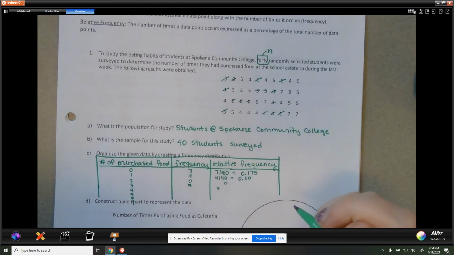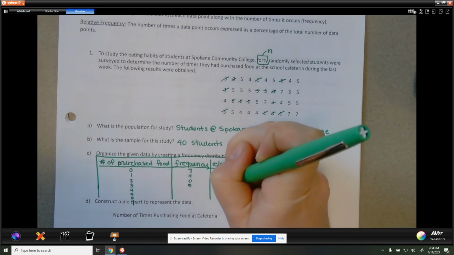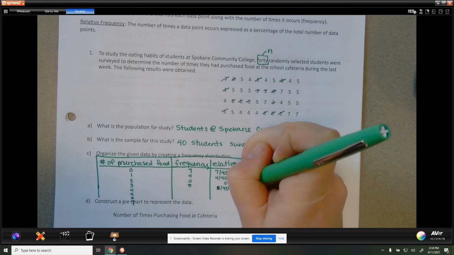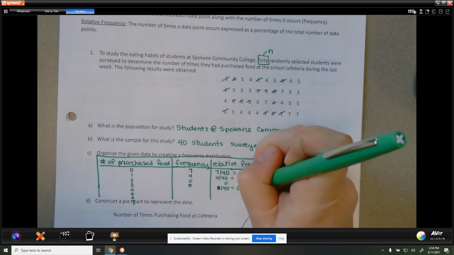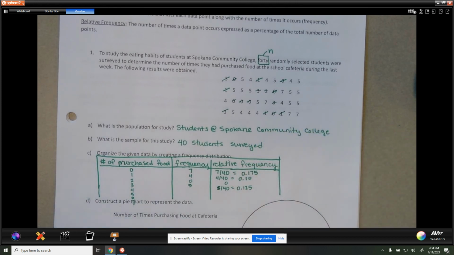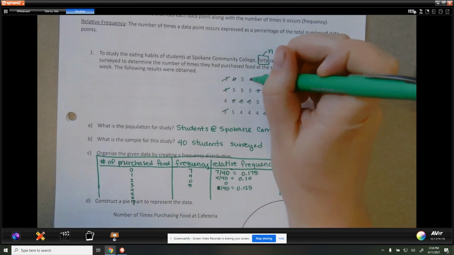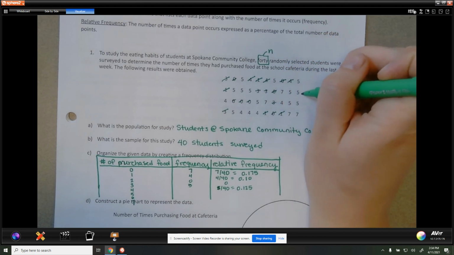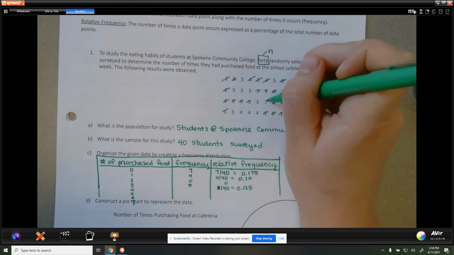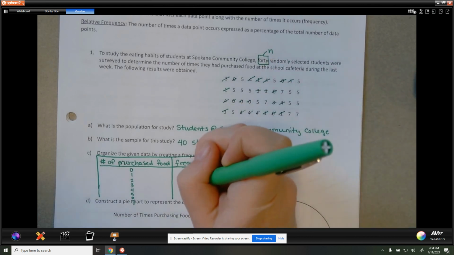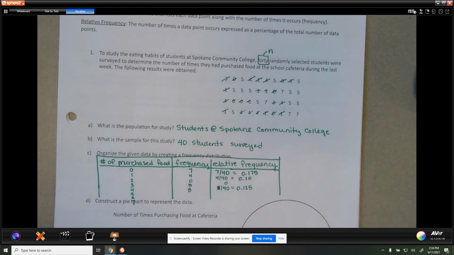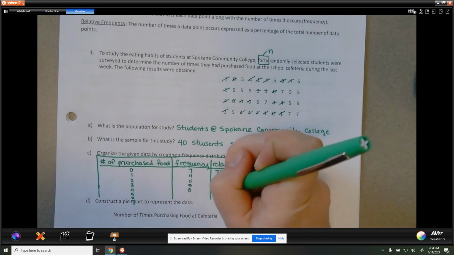Wait, oops, sorry, I needed 5 divided by 40. 5 divided by 40 is 0.125. Great. For 4, I've got 1, 2, 3, 4, 5, 6, 7, 8. So 8 divided by 40 is 0.2.